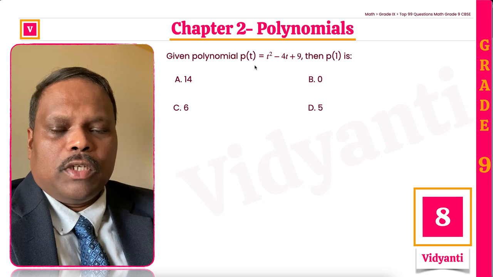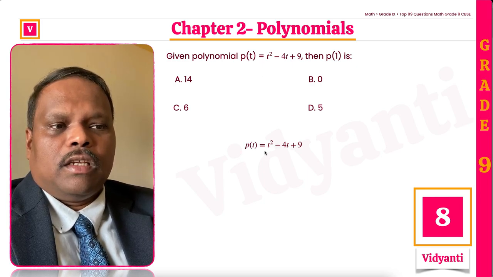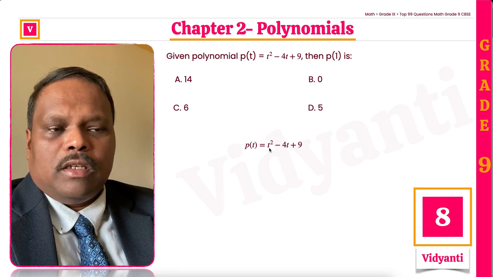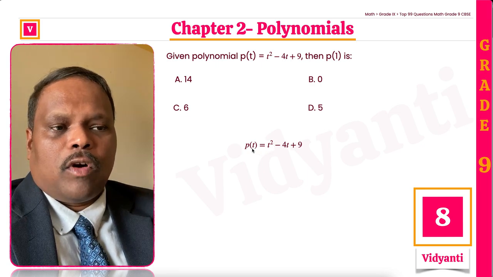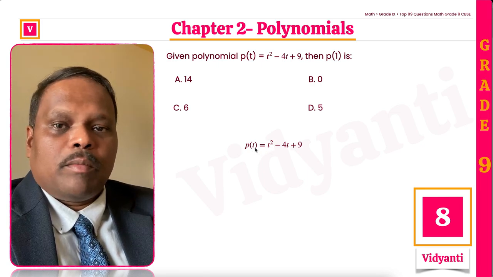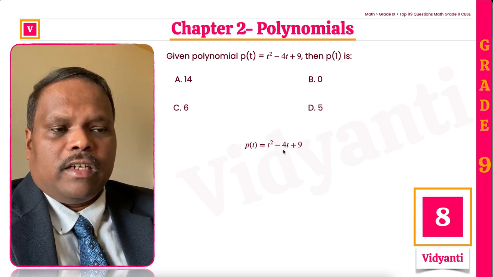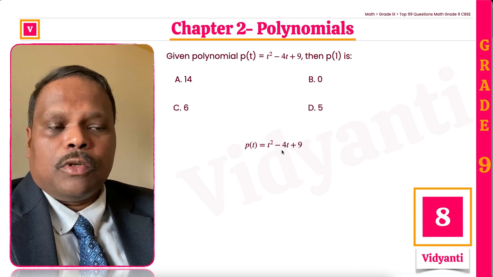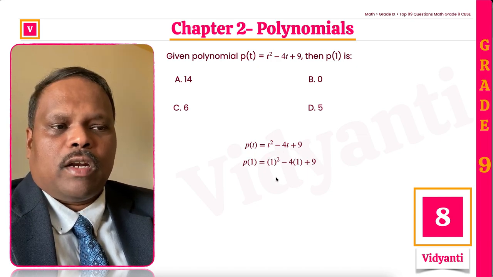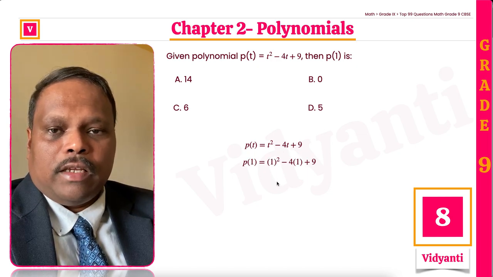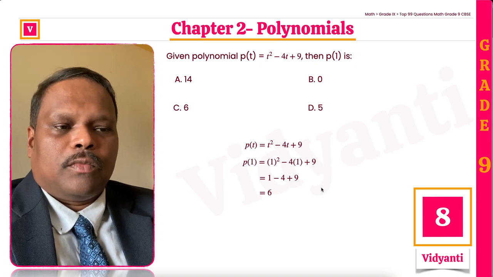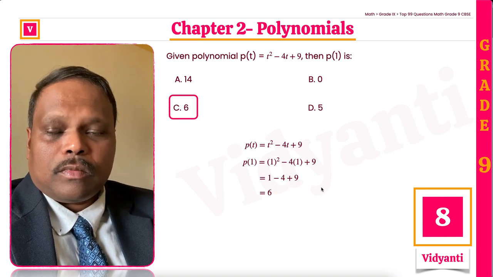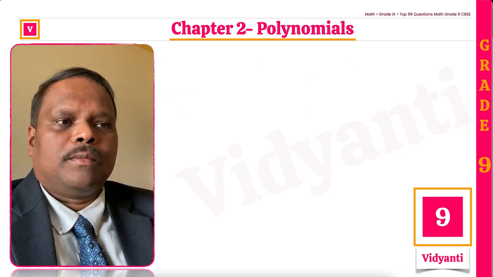All we have to do is substitute the value of t as 1. So if the original polynomial is in the form of t and we want p of 1, now we are replacing t by 1 on the left hand side. So that means we have to replace t by 1 on the right hand side too. And that will give us 1 square minus 4 times 1 plus 9, and that will be your final answer equal to 6. Option C is the correct answer.